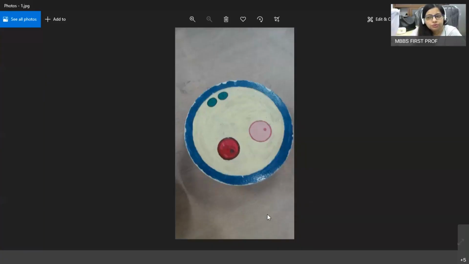What all you can observe in this model? Any one of you? Any idea? What all structures can you see here?